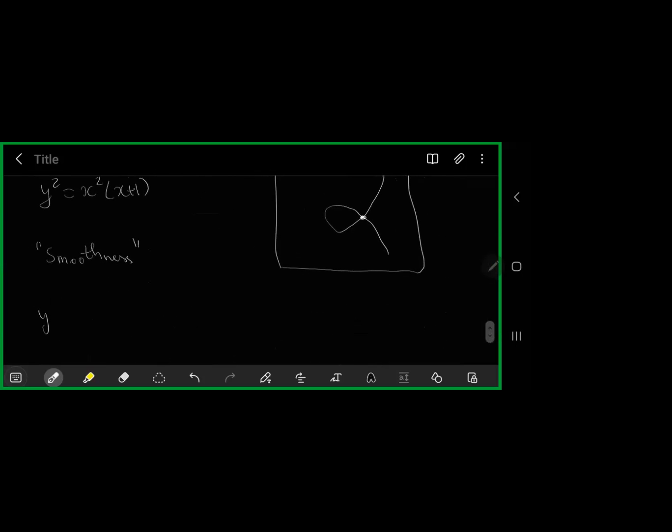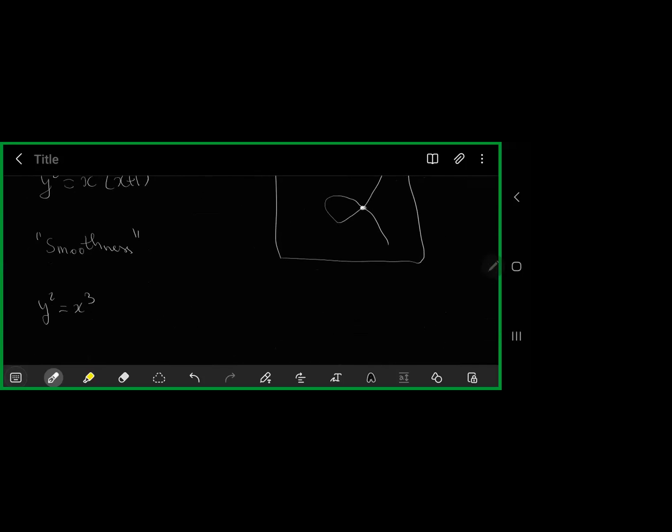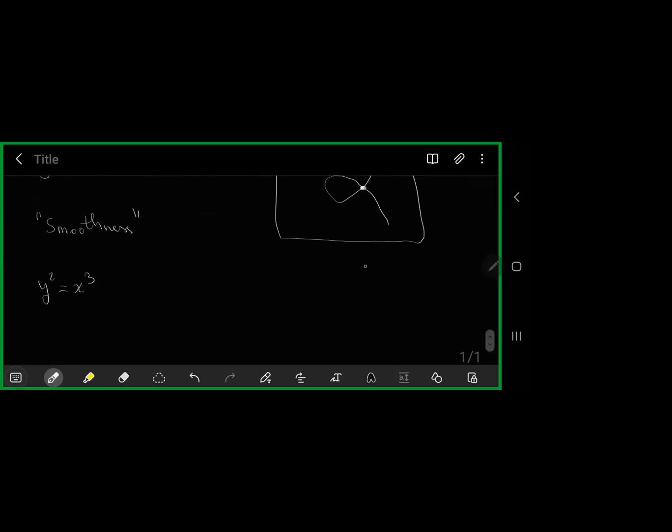But if we do something like this equation, we see that's not the case. And if we do something like this, you also see that that's not the case. The picture when you have y squared equals x cubed is something as follows. In this case, there's no self-intersection, but there's still some kind of non-smoothness.